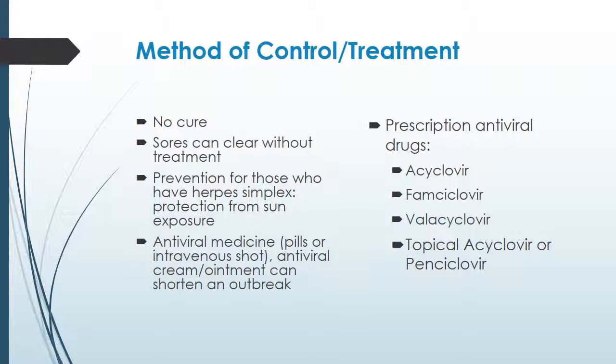Some of the prescription antiviral medications include acyclovir with a usual dose of 200 milligrams 5 times a day for 5 days, famciclovir, a single dose of 3 times 500 milligrams, valacyclovir, 1 gram 3 times daily for 7 days, and also the topical acyclovir or penciclovir.